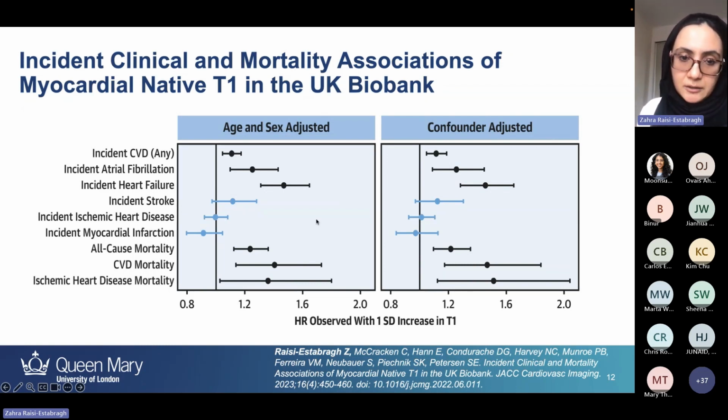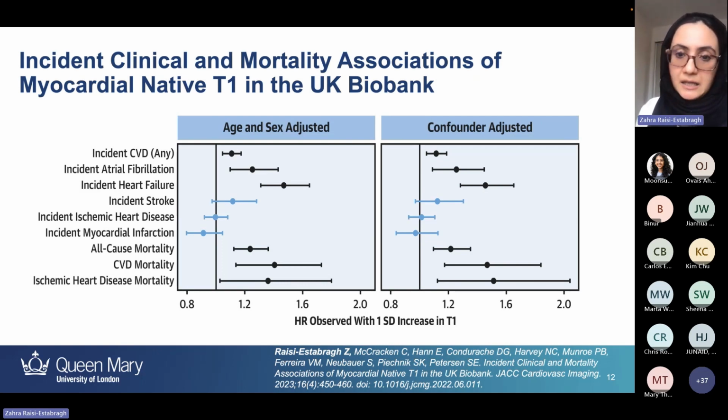The left-hand side panel is a minimally adjusted model, including adjustment for age and sex only. And on the right-hand side, you can see results for a full confounder adjusted model, and the bars are hazard ratios with one standard deviation increase in T1.